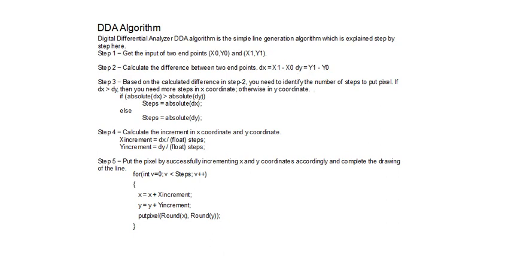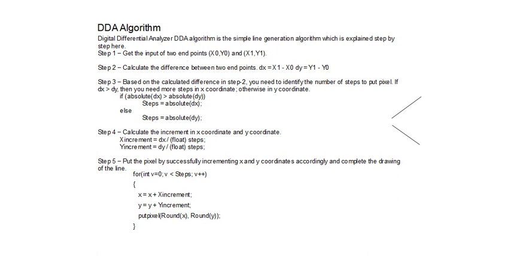Now this is the condition that we have to check: if absolute dx is greater than absolute dy. Absolute is used because the difference may be negative also, as the value of x1 may be lesser than x0. You may be drawing a line from right to left, or there may be some line which is being drawn from left to right.